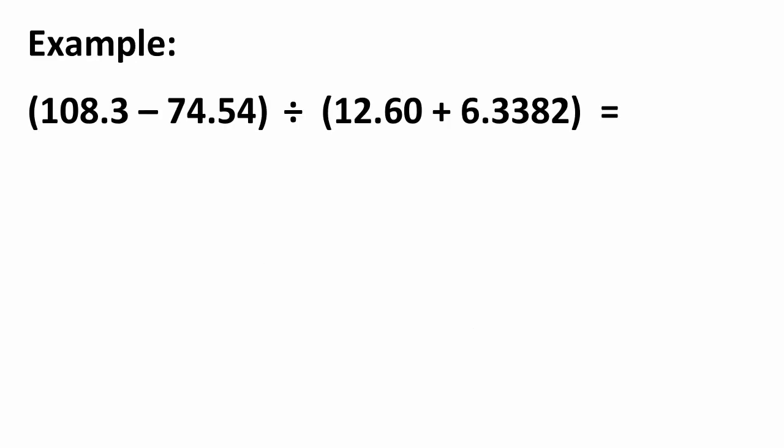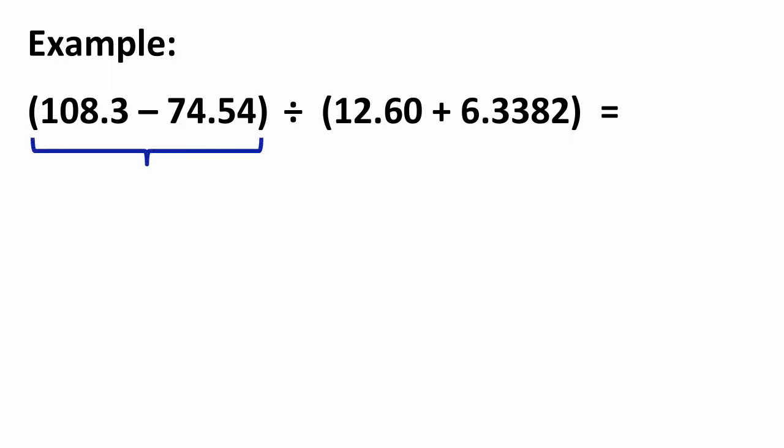And let's do one more example for practice, and maybe think about this as we're going through it, and see if you can predict what we do at each point. So 108.3 minus 74.54 in parentheses divided by 12.60 plus 6.3382 in parentheses.